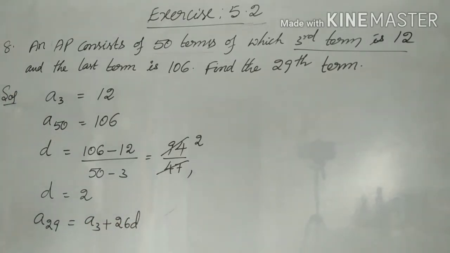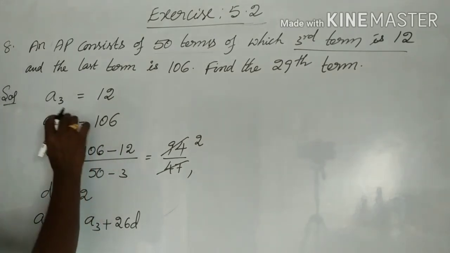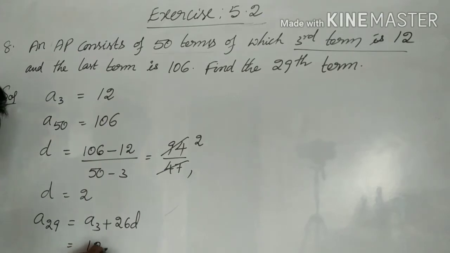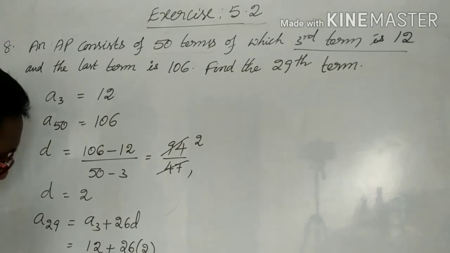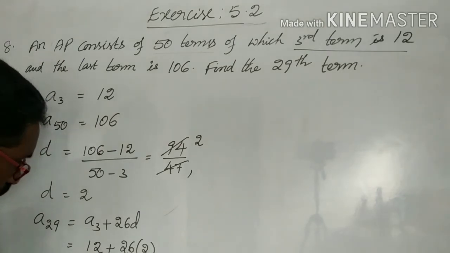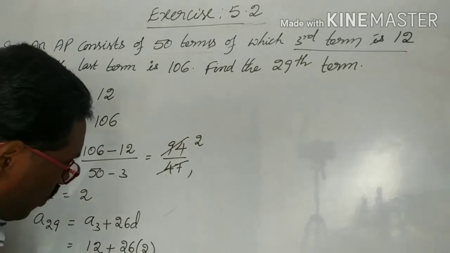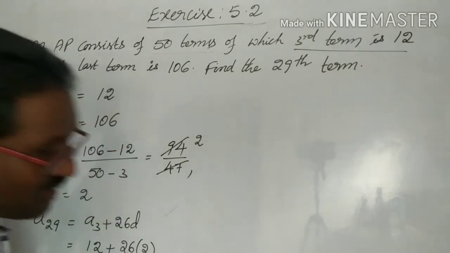You must add 26 D's. Understand? Now A3 is equal to how much value? 12 plus 26 into D, D is 2. 12 plus 26 twos, 52. 12 plus 52, how much? 64. That is the answer.